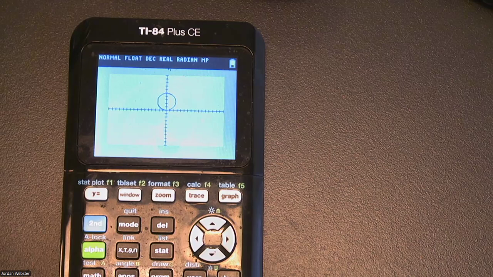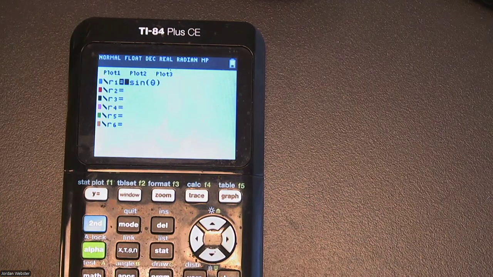The center of that circle is actually 2.5. You can see that. So if we have 5 times sine of theta, the center is 0, 2.5. Okay.